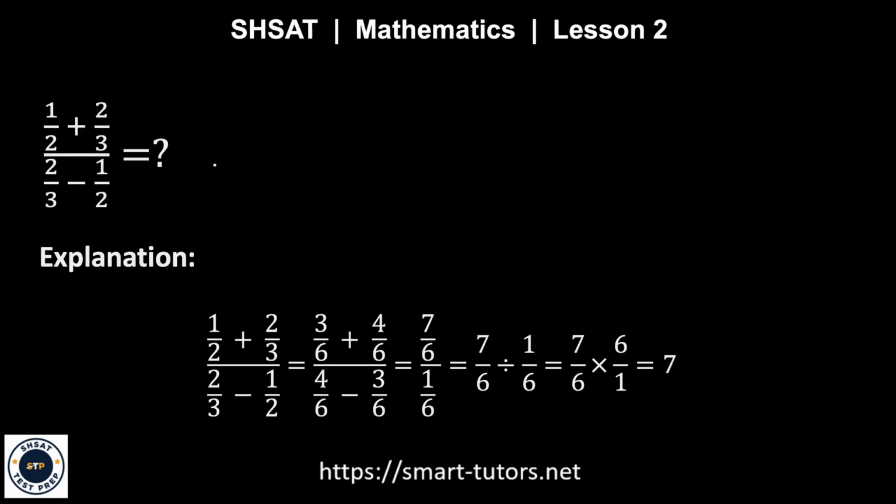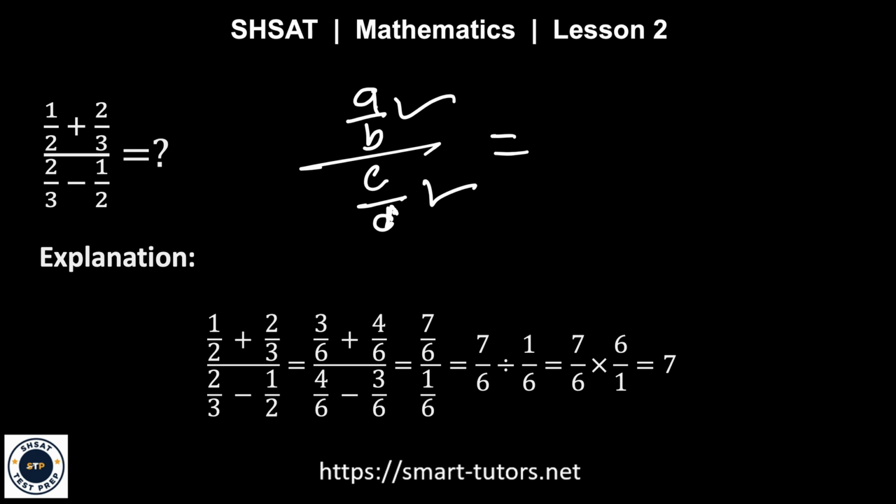There is another practice problem. Let me just give you an example of how to do it. If you have something like a over b divided by c over d, that means there is a fraction on the top and a fraction on the bottom. What does it actually mean? It means a over b divided by c over d.